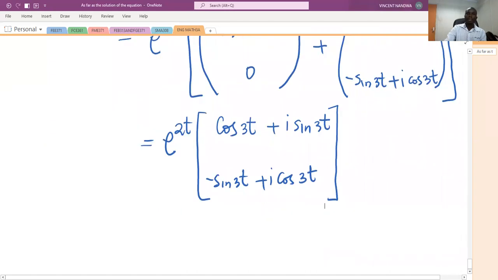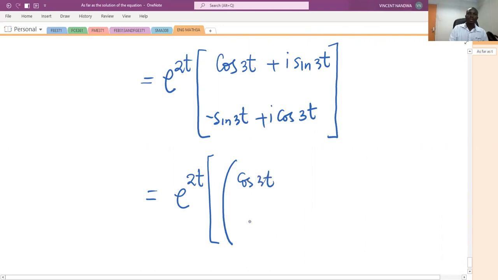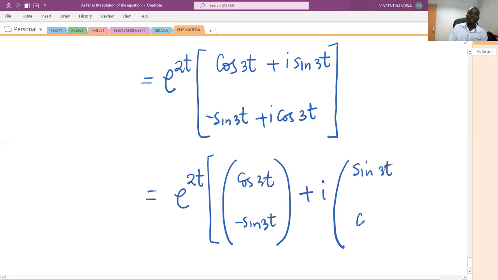And then I can separate imaginary and real parts in this vector. So I write e raised power 2t into, so this first one, we have cosine of 3t, this one minus sine of 3t, and then plus, I factor out i, and then write sine 3t, and then cosine of 3t.